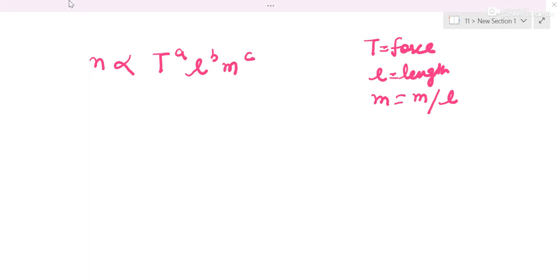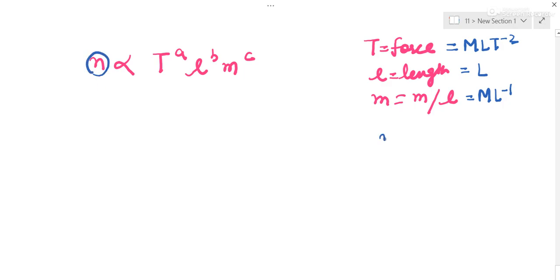Now we'll see dimensional formula of force is MLT minus 2, length is L, and mass per unit length is ML minus 1. Let us substitute here. I'm sorry, this frequency is also there. So this is your frequency, and frequency is reciprocal of time, so it is T minus 1.